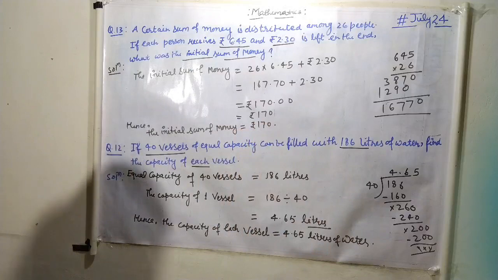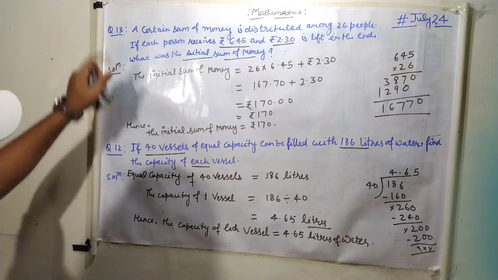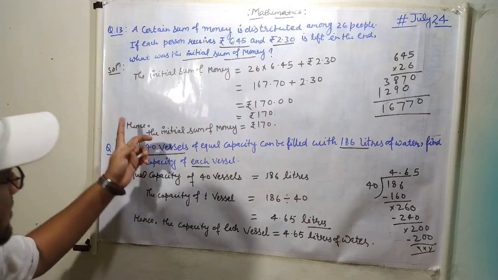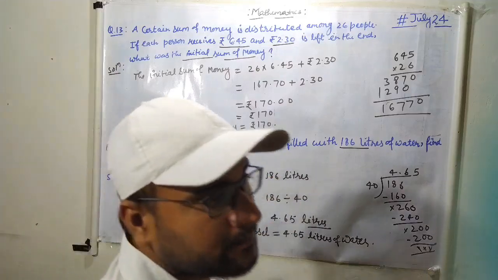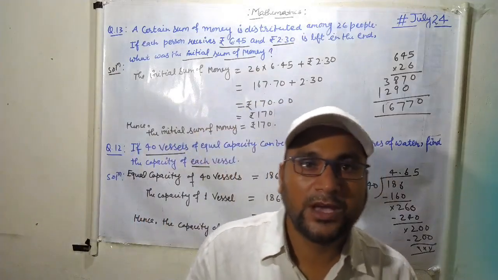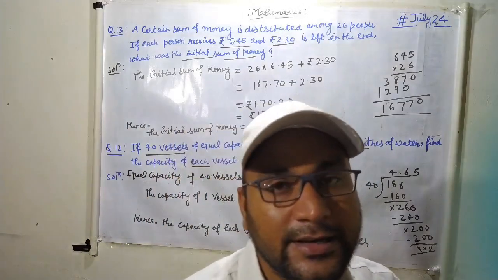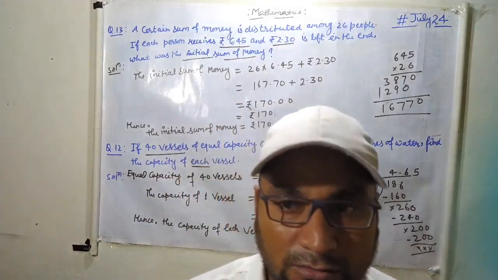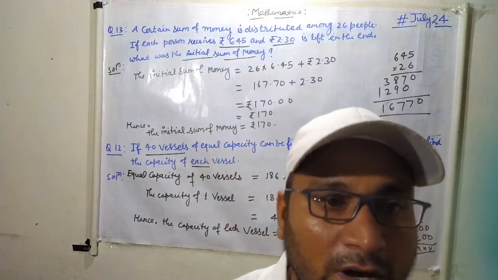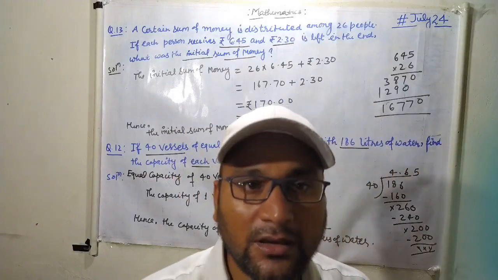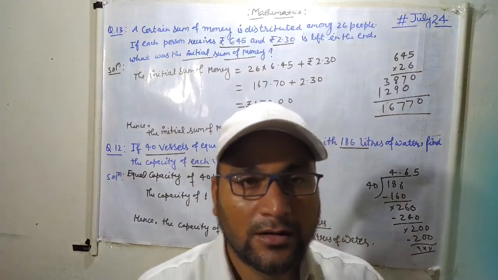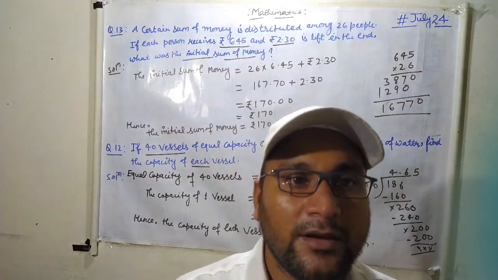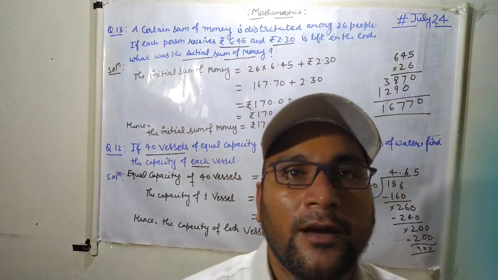So students, this is the last question, number 13. The initial sum of money is 170. In this way we have completed this exercise 3D, students, and I hope you have understood everything, and if you have doubts, please ask your doubt properly through your Campus Care app, okay.